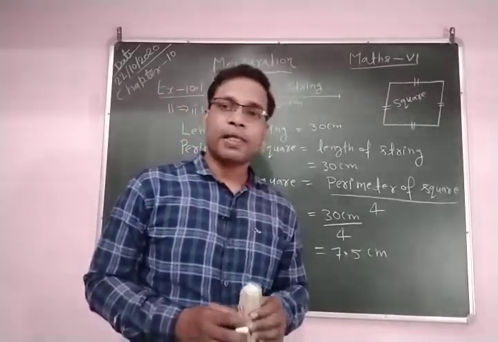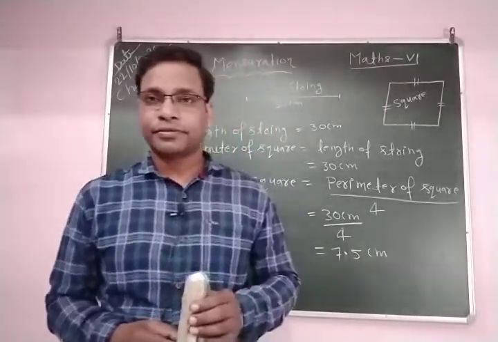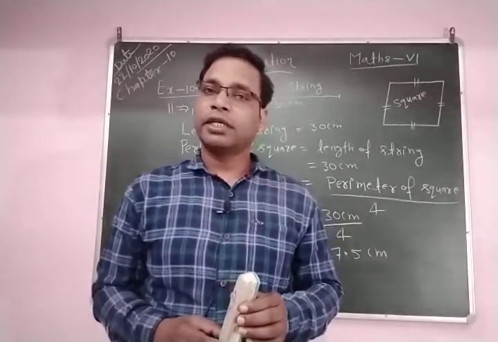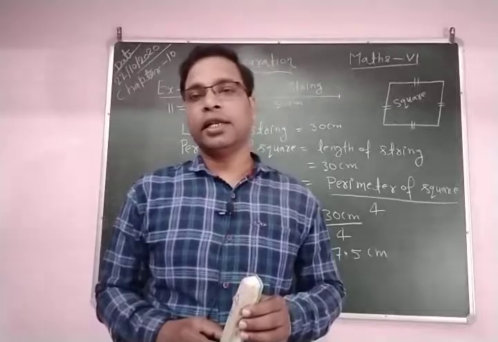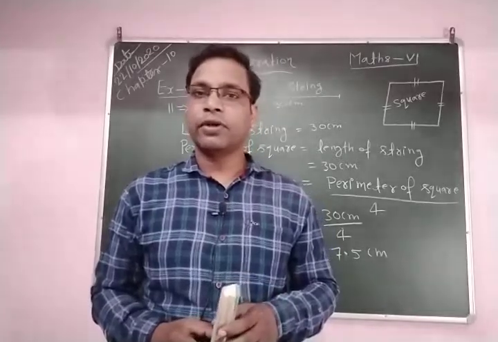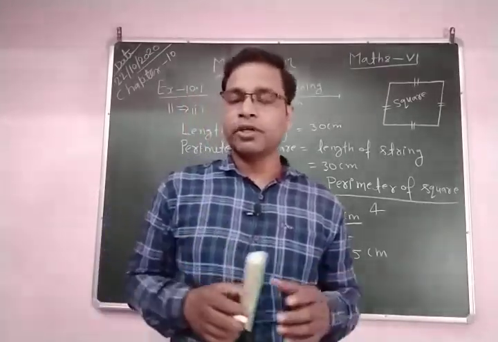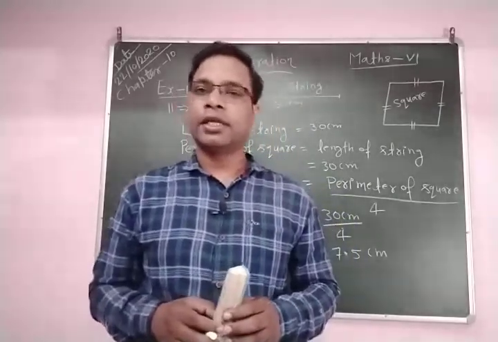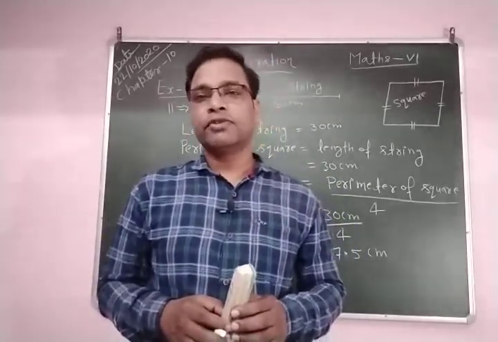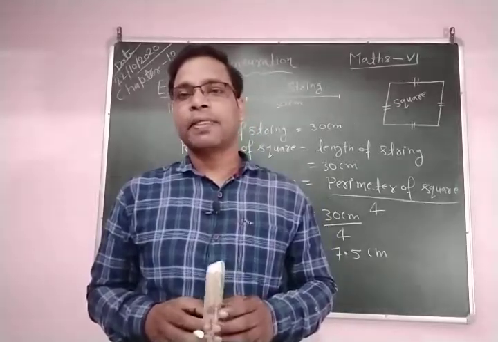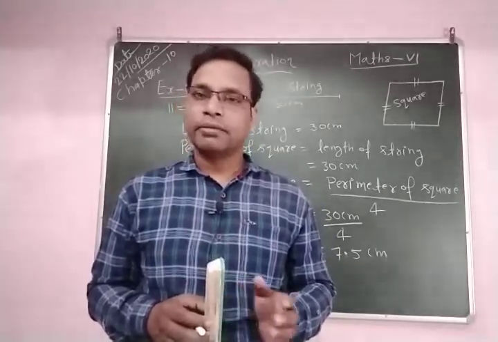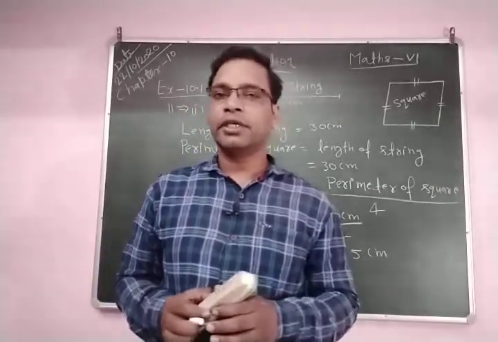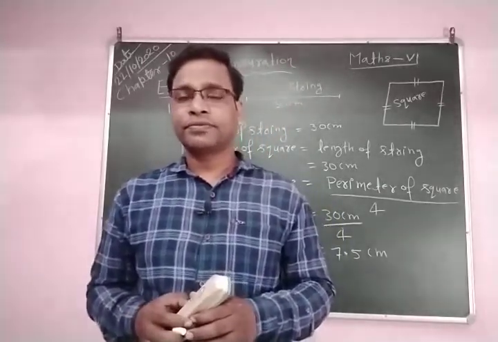You know very well the sides of an equilateral triangle are equal. An equilateral triangle has 3 sides and all sides are equal. So what is the perimeter of the equilateral triangle? The perimeter of the equilateral triangle is equal to the length of the string, because this equilateral triangle is formed by the given string. So what is the length of the string? The length of the string is given as 30 centimeters. Okay.